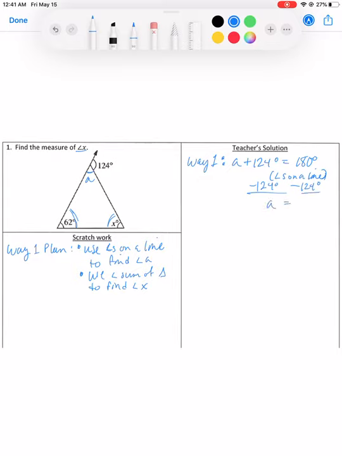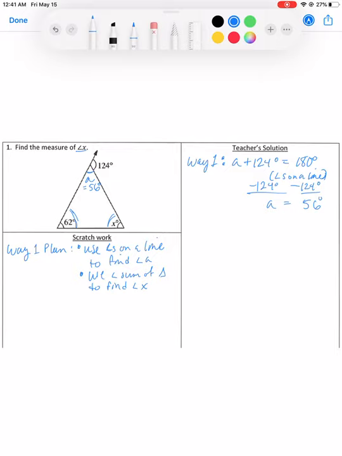And I get that A is equal to 10 minus 4 is 6, 7 minus 2 is 5. So A is equal to 56 degrees. So since I know that, I'm going to go ahead and write it in my figure. And I can use that later on because I have another step here, angle sum of triangle.